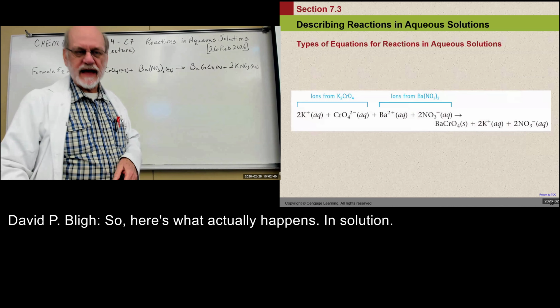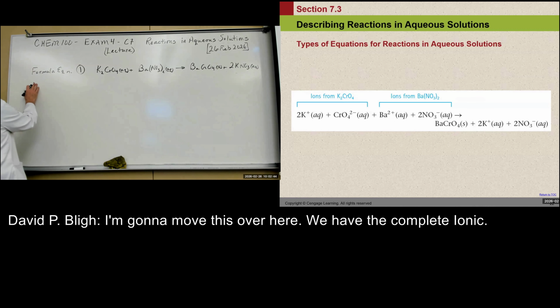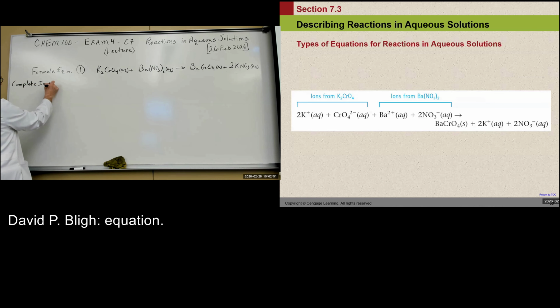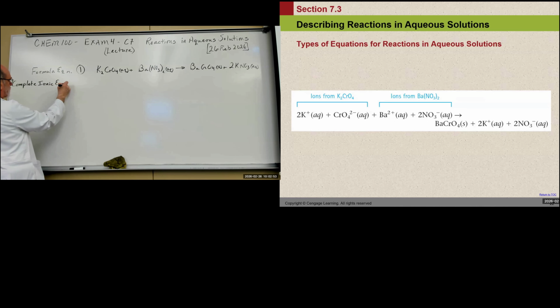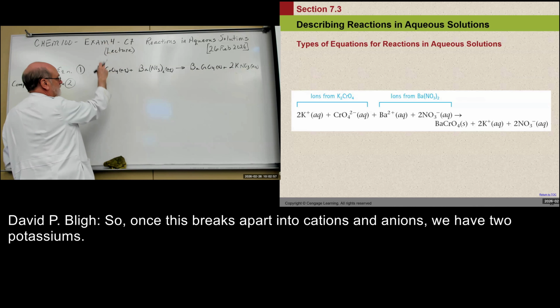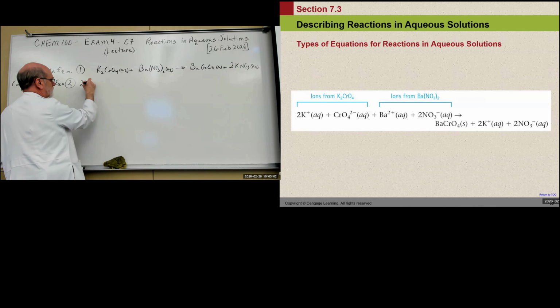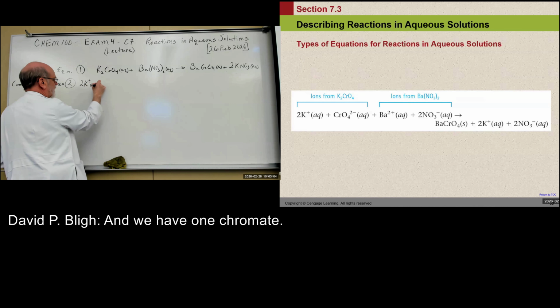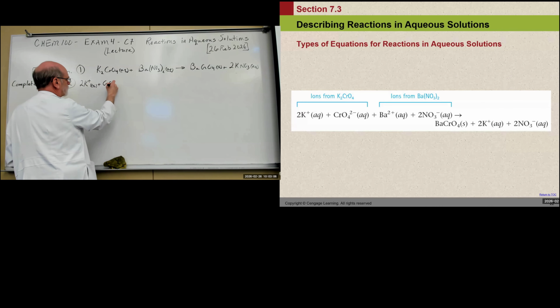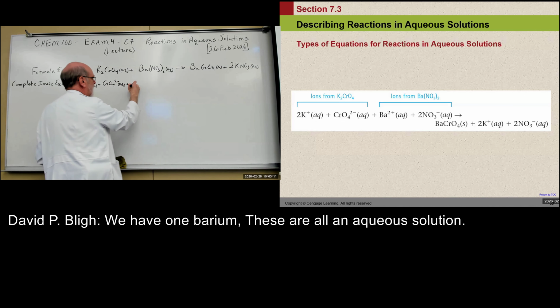So here's what actually happens. In solution, I'm going to move this over here. We have the complete ionic equation. So once this breaks apart into cations and anions, we have 2 potassiums and we have one chromate. We have one barium.